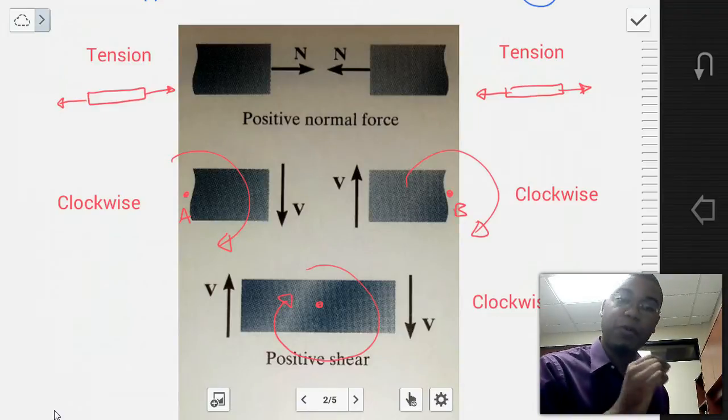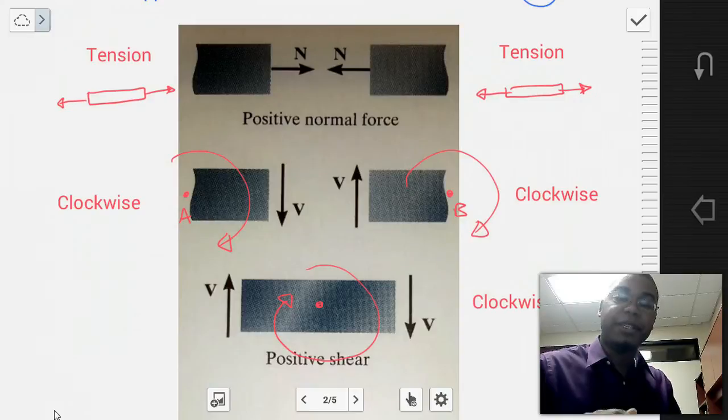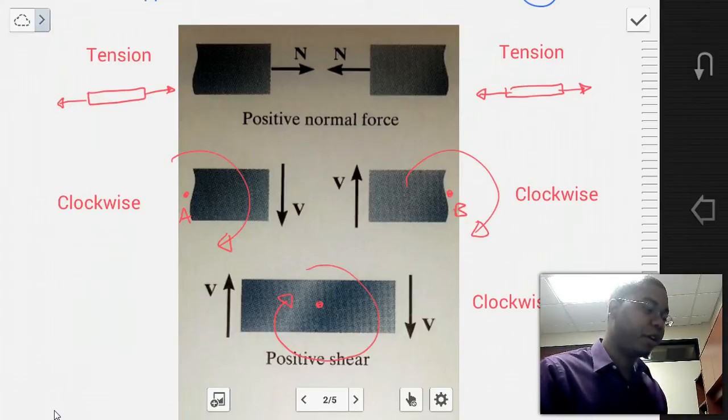Notice that only when we're doing these internal force problems, or the shear diagrams and moment diagrams, do we identify this clockwise sense for our shear value as positive.